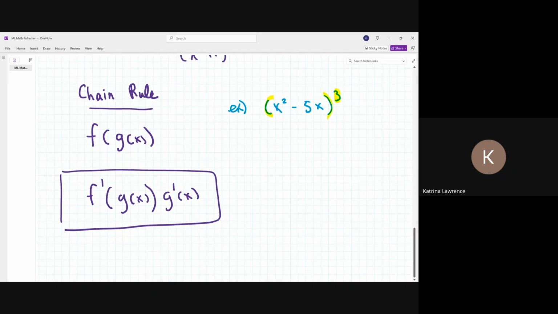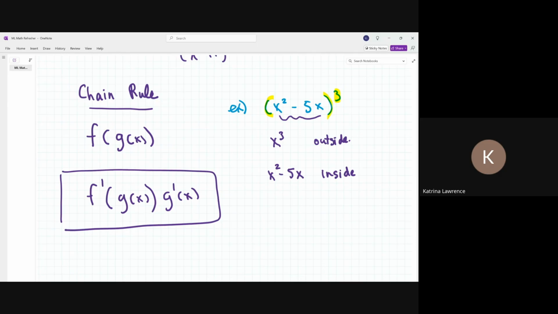Everything I've highlighted is considered our outside function. We can almost think of that as x to the power of 3 as our outside function. The remaining part within would be our inside function. So x squared minus 5x here is now our inside function. It's kind of like you have to peel back the onion. You start with your inside and then you work your way out.